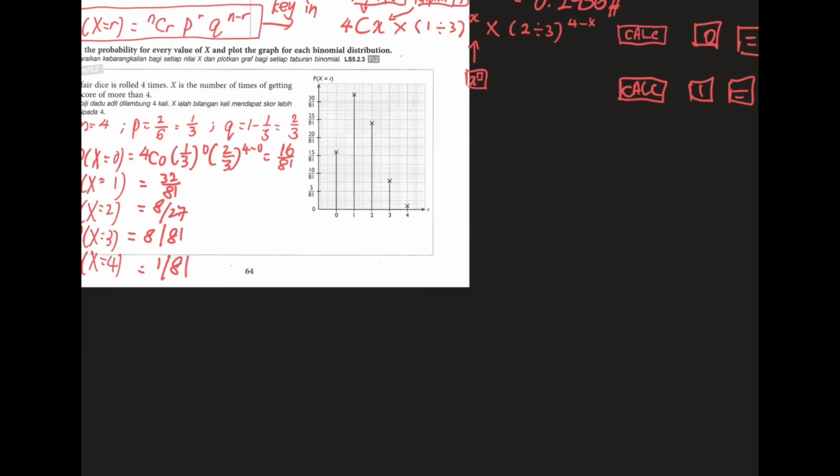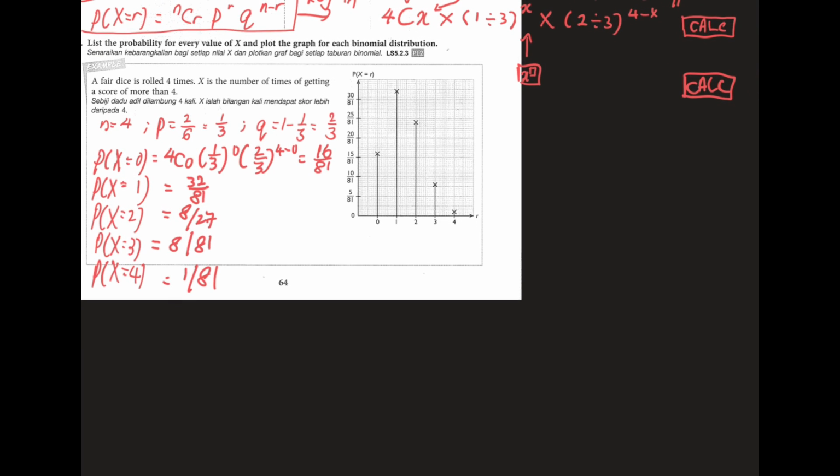So we managed to get the probability for each value of x, and now they show the graph. The first one, 16 over 81, is here, so true. The second one, 32 over 81, is there. This one, 8 over 27, right? If you want to change it to the same denominator of 81, you just times 3.